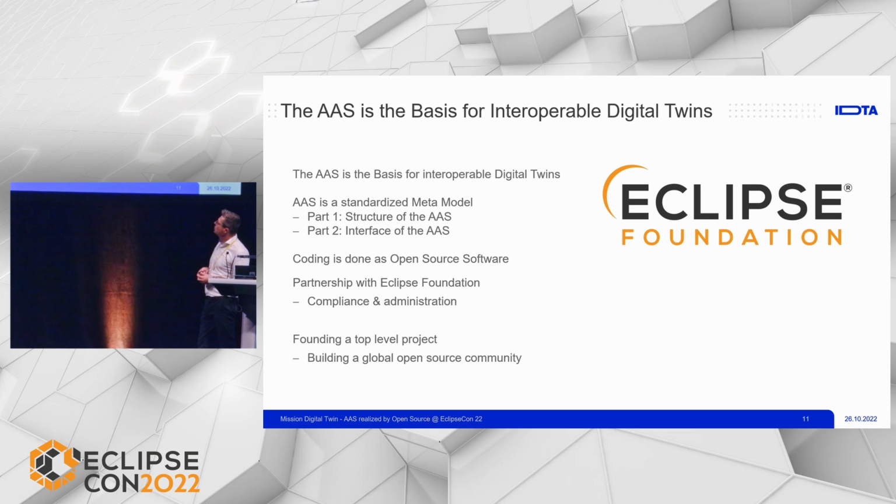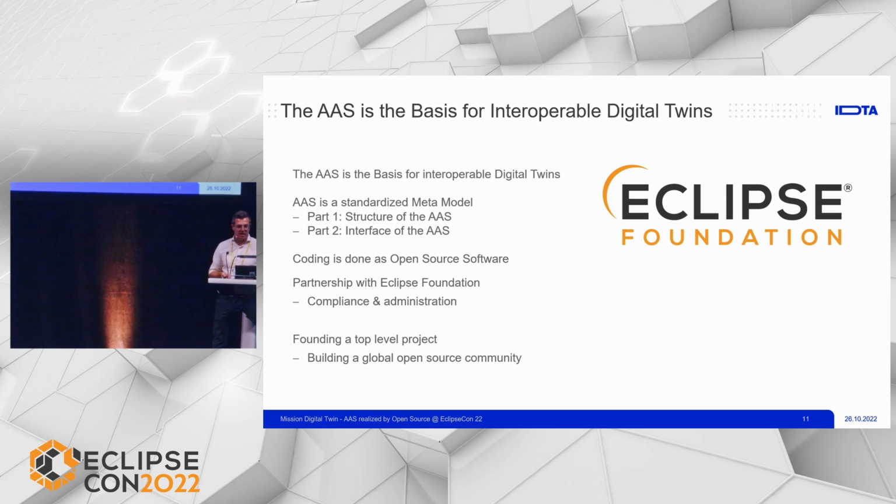The asset administration shell really is the basis for interoperable digital twins. And we are based on two core standards. Part one is the structure of the asset administration shell, and part two is the interface of the asset administration shell, an API, so you can get, for example, a pub-sub architecture. This coding will be done by open source technology, and it results in open source software.